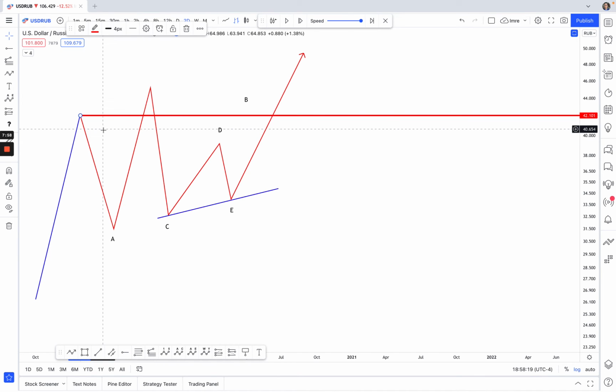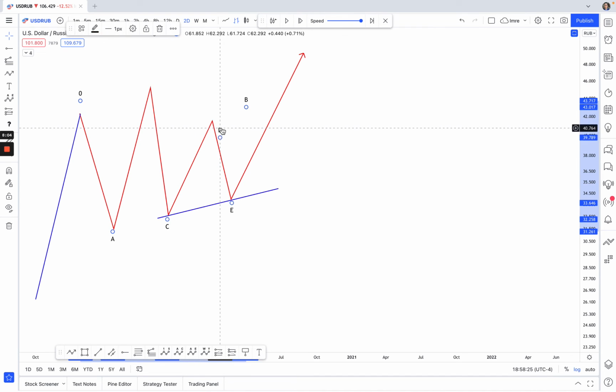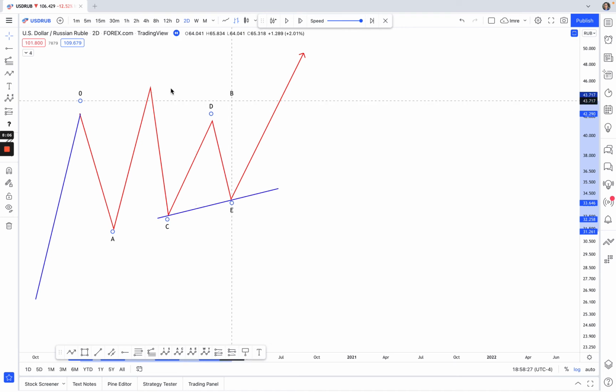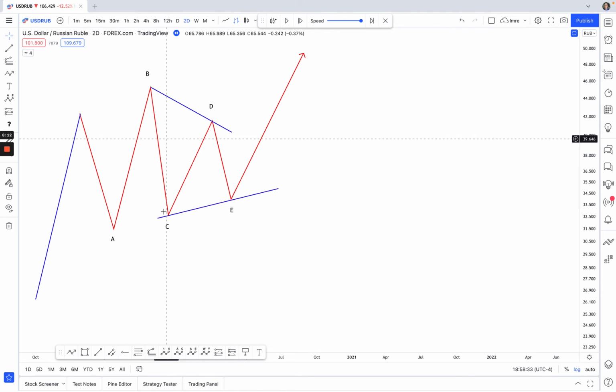They'll say, we took out resistance. It opens the door for more upside. The problem is that the triangle's not quite done. So we're going to have another wave lower, sharply lower in wave C, and then we're going to get a bounce in wave D, and then we're going to get another corrective decline in wave E, and then we're going to get that big move.